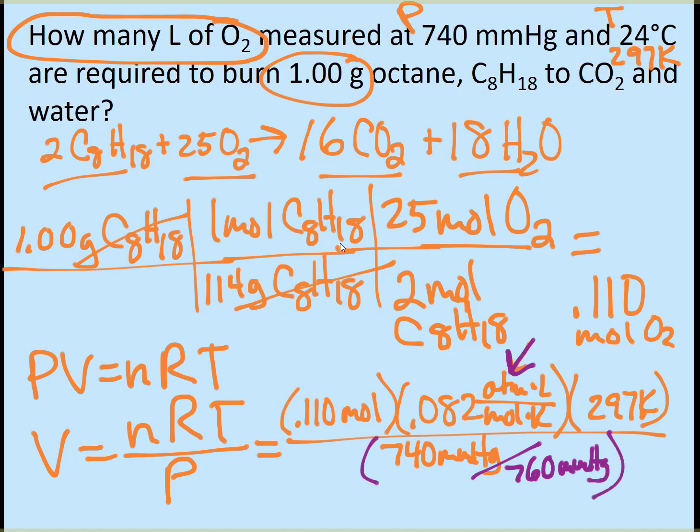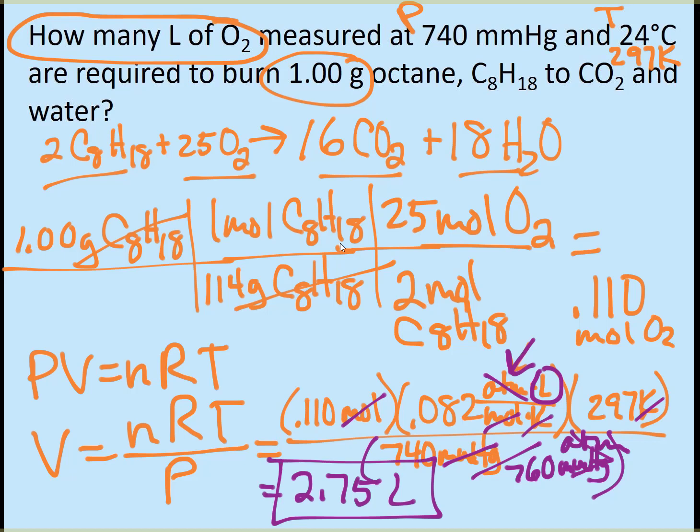Okay. So when I go ahead and work this out, my moles cancel, my temperature cancels, and my liters is what I'm going to be left with. And when I divide my millimeters of mercury here, I will end up with atmospheres, which will then cancel. Okay, sorry, I should have converted that before I stuck it in there. But my answer is 2.75 liters.